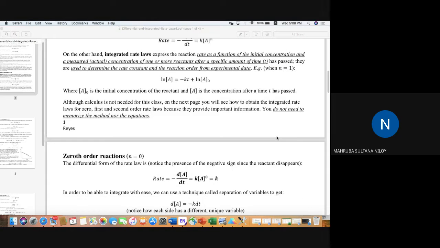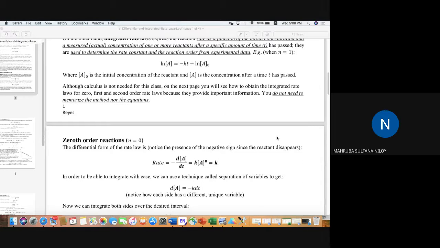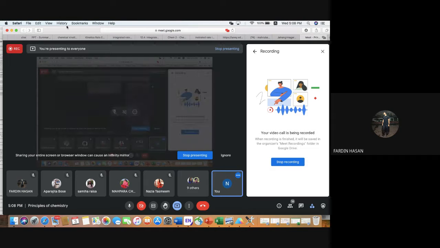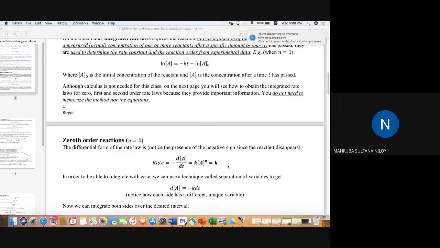Okay, so for the rate we already know that the rate of a reaction is concentration change over time, right? Yes, sir. Okay, so if we put an equal sign, then we have to use a constant, the rate constant K. And for the zero order reaction, the concentration to the power 0, right? Okay, so when we put 0 here, anything to the power 0 means 1, right?